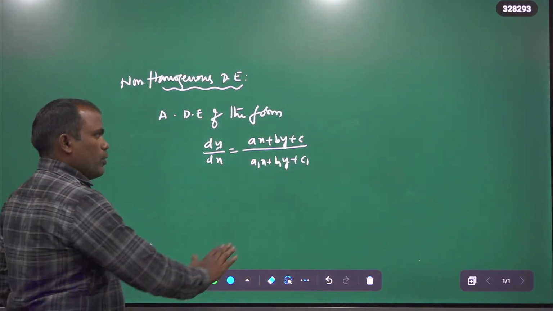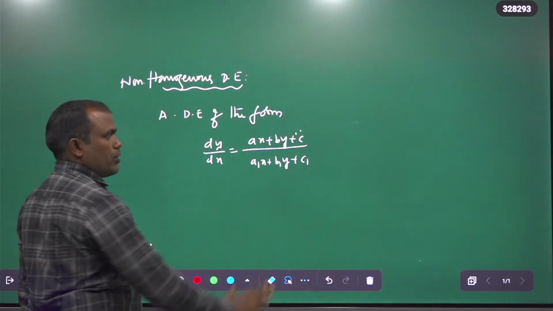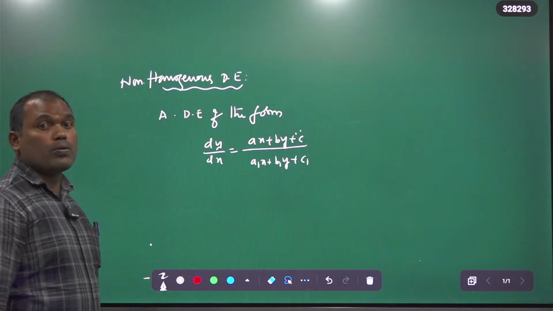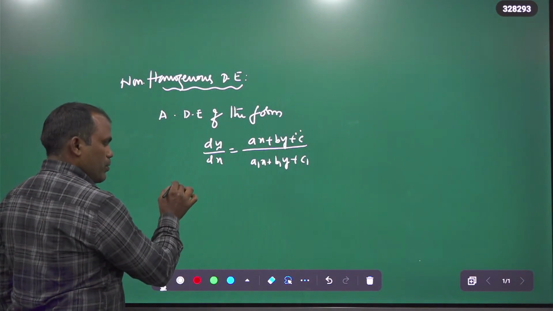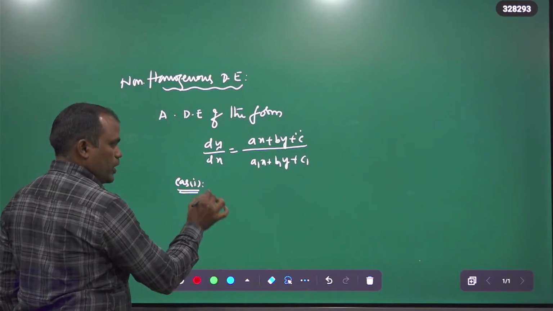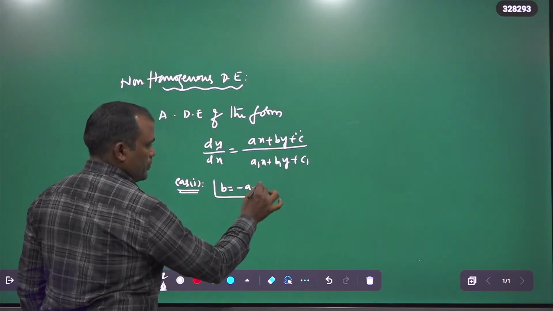See here, without constants it is a homogeneous differential equation. With constants, that is a non-homogeneous differential equation. For non-homogeneous differential equations, we have 3 cases. Now case 1 is b equal to minus a1.